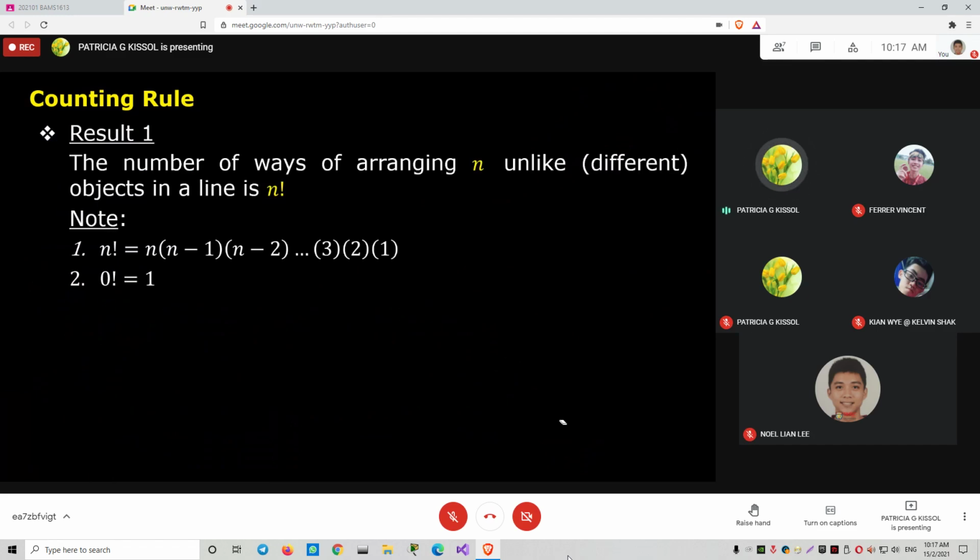Okay, so this gives us, based on the counting rule, result number 1: the number of ways of arranging n unlike, that is, different objects in a line is n factorial. If you check your scientific calculator, there is a button for n factorial.